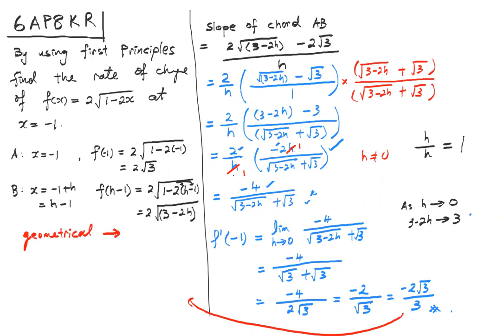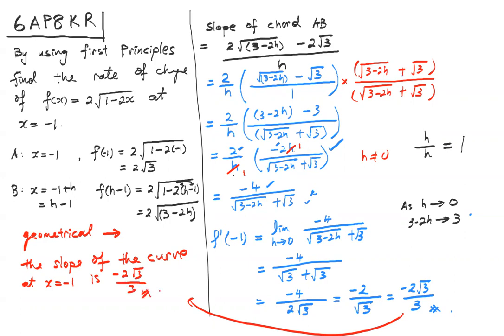Means the slope of the curve, or you want to say the slope of the tangent to the curve. The slope of the curve at x equal to -1 is -2 square root 3 over 3.